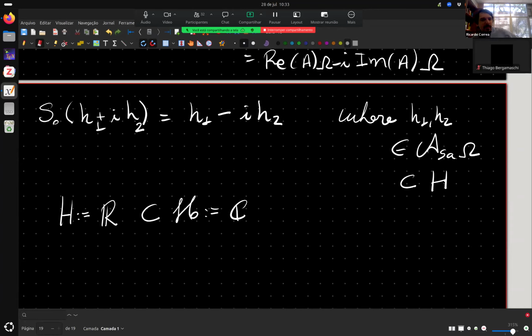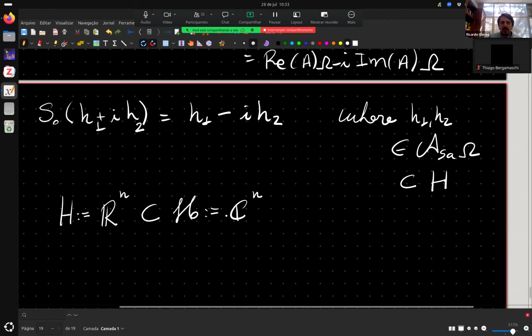What I'm basically doing is decomposing things in real and imaginary parts. In finite dimension it is in fact easy to see that Rn is cyclic and separating in Cn.